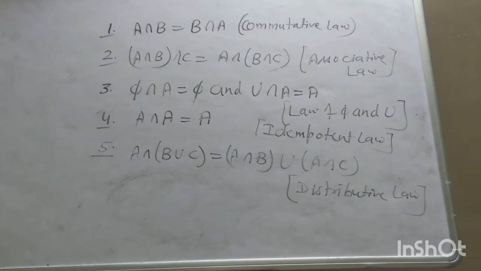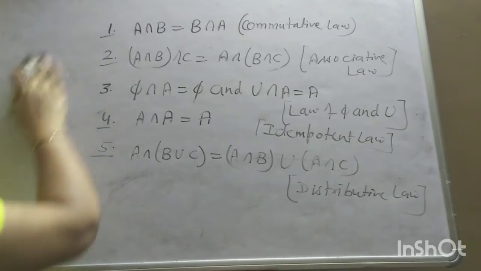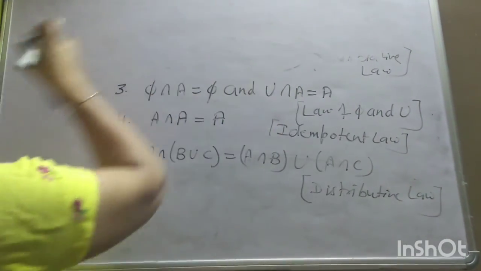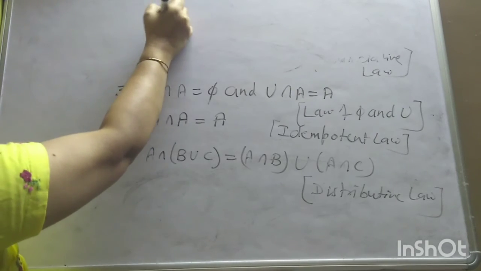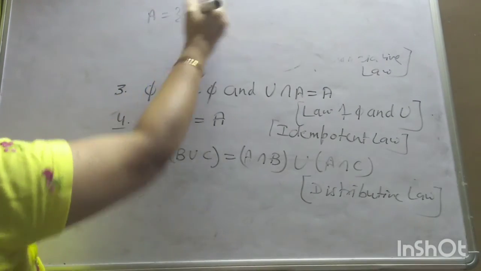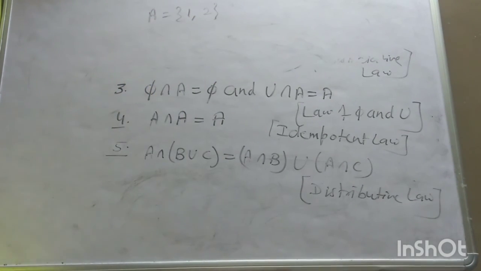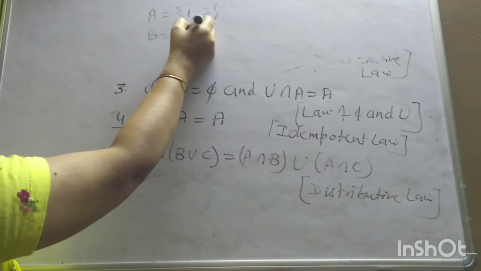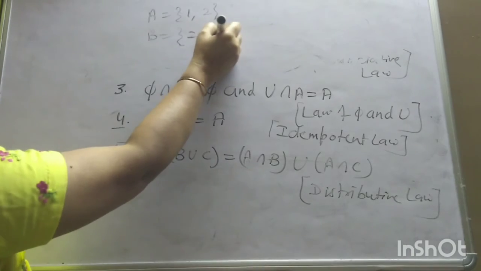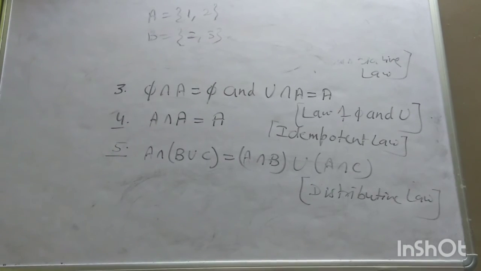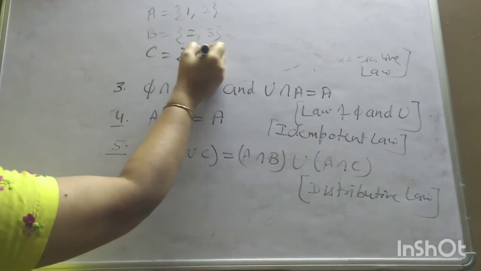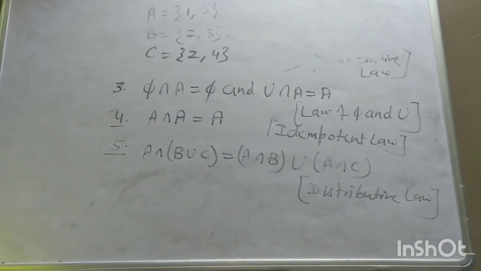For example, if we have 1, 2 as the elements of set A, B set is 2, 3, set C is 2, 4.